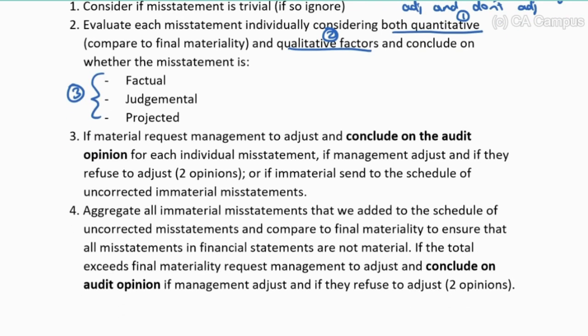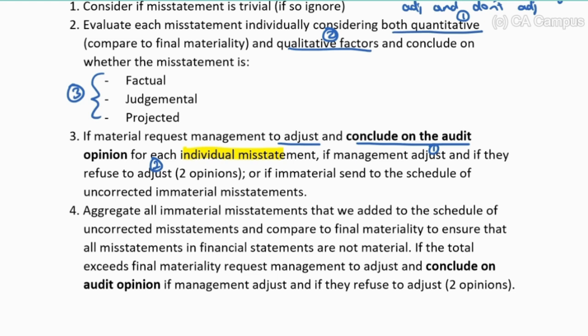Then I say, if there is a material misstatement, I need to request management to adjust. And that could be material because it's quantitative, qualitative, or both. And then I must conclude on an opinion if they do adjust, so there's one opinion, and then if they don't adjust, there's another opinion for each individual misstatement.